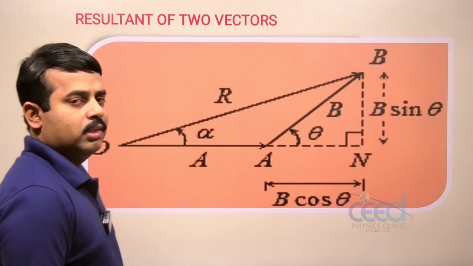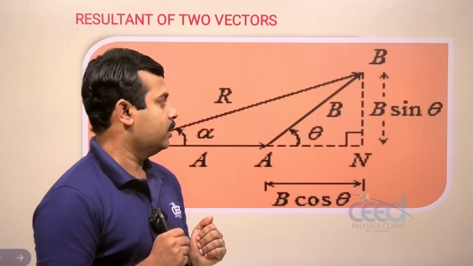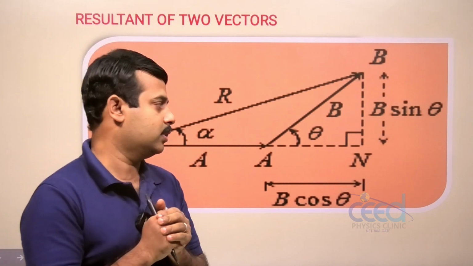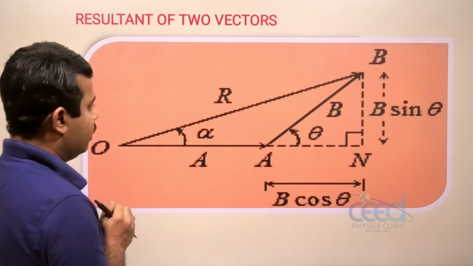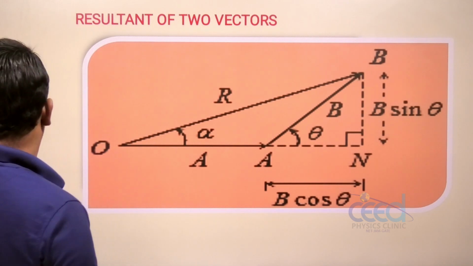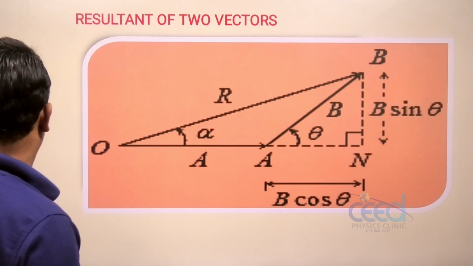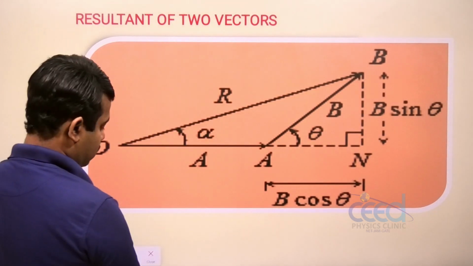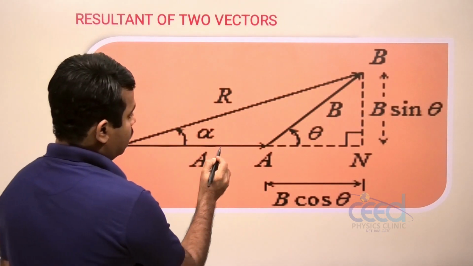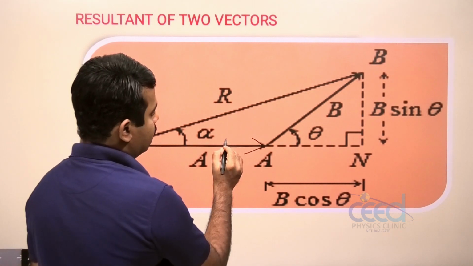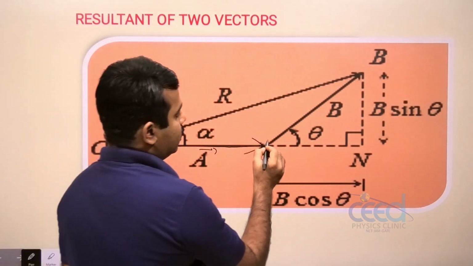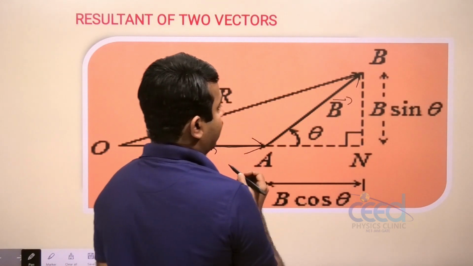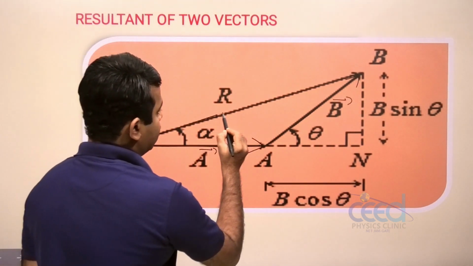Now, resultant of two vectors. What is the resultant of two vectors? We want a basic expression for this. So here two vectors A and B I have taken. This is vector A, and this is vector B. As you know, using the triangle law, this is the resultant.